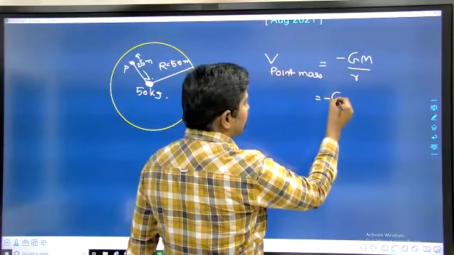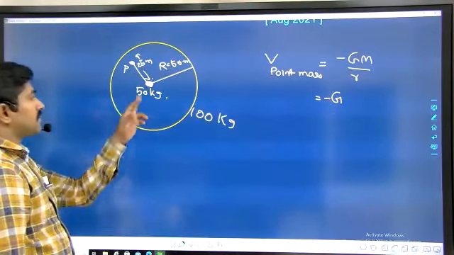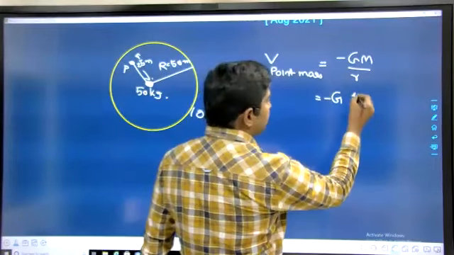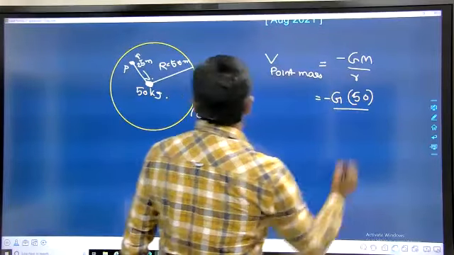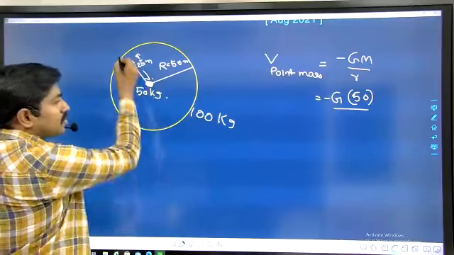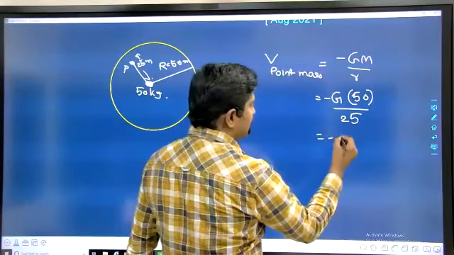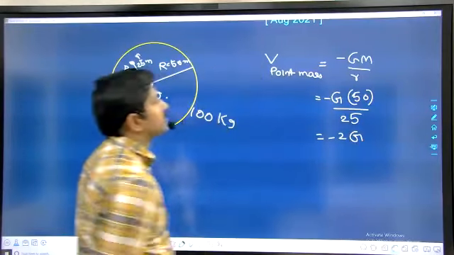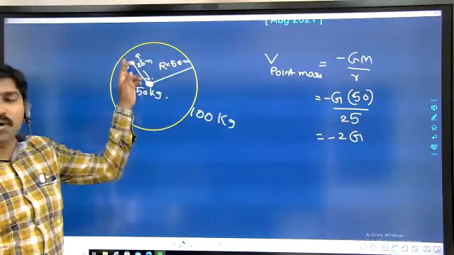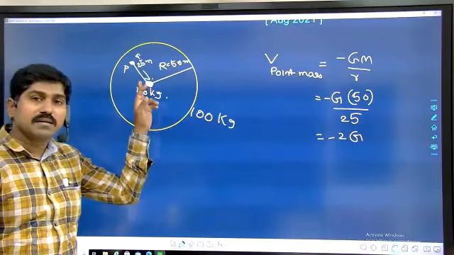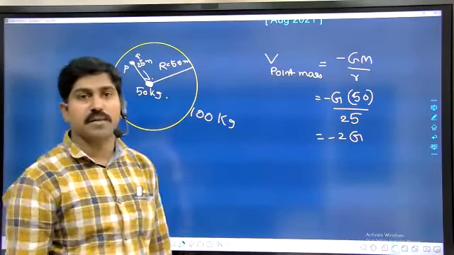That is simply minus G into, what is the mass here? 50 kg. The point mass is 50 kg, and what is the distance from here to here? 25 meters. That means 25 twos are 50, so it will be minus 2G. That is the potential at this point P due to this 50 kg mass, which is a point mass.